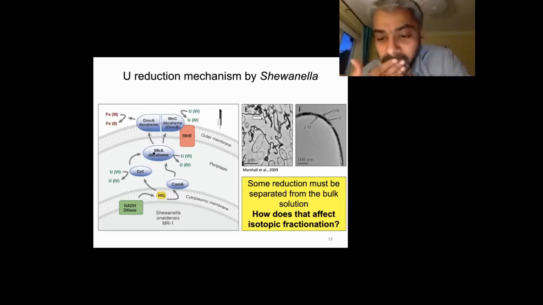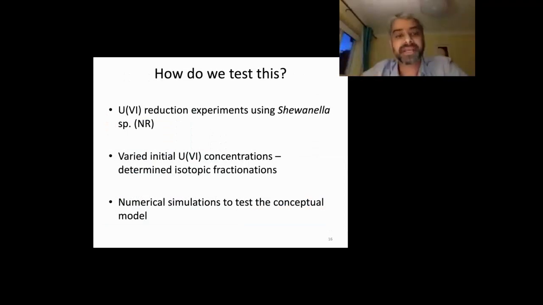Now, this is observed in other systems, and the question was, okay, so how does this affect isotopic fractionation? To test this idea, I designed a whole bunch of experiments where I varied uranium-6 concentrations and used only one strain, Shewanella, because that gets rid of any species effect with all other species in previous experiments.